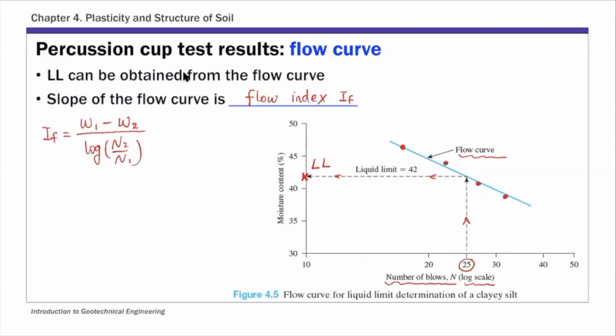Okay, so this is just basically the slope of that curve. And so notice the order of 1 and 2. So 1 and 2 are basically 2 data points on the curve. And the order is different in the denominator because we want to get a positive slope. We want to get a positive IF value, okay. But it's basically a slope. So that's the liquid limit test.